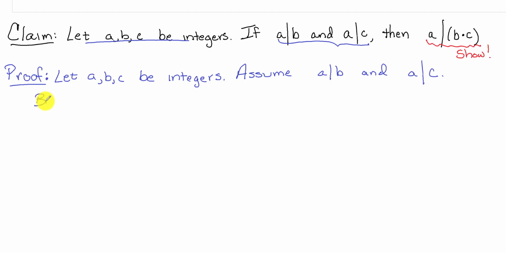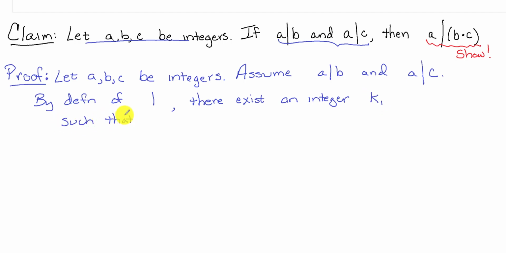So by definition of that vertical bar, which means divides, there exists an integer K sub 1 such that B equals A times K sub 1.